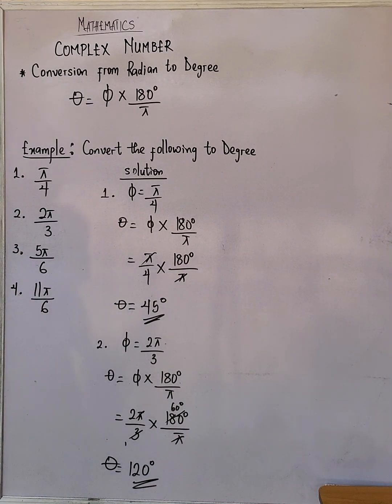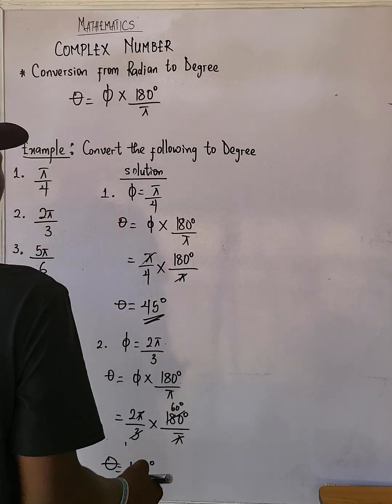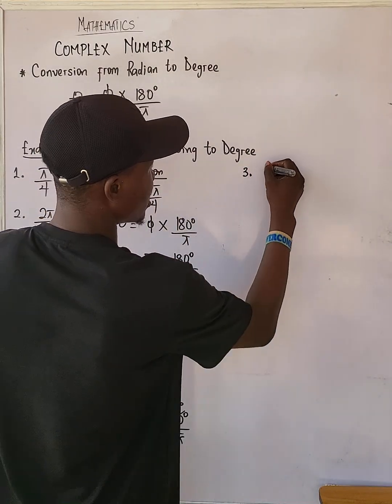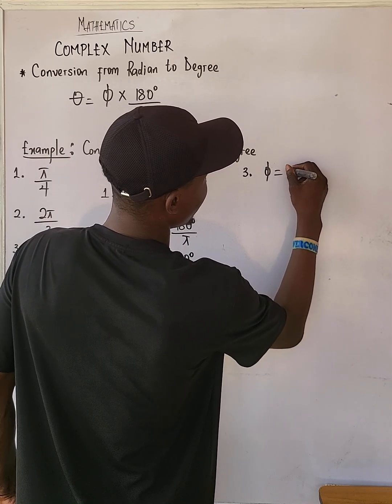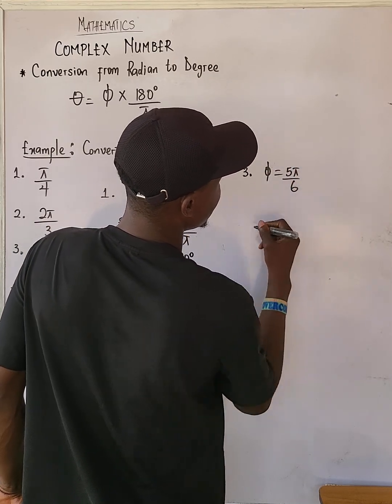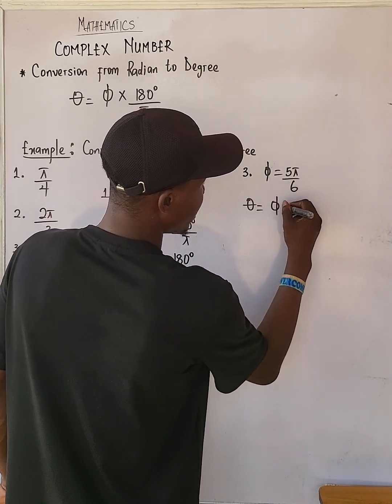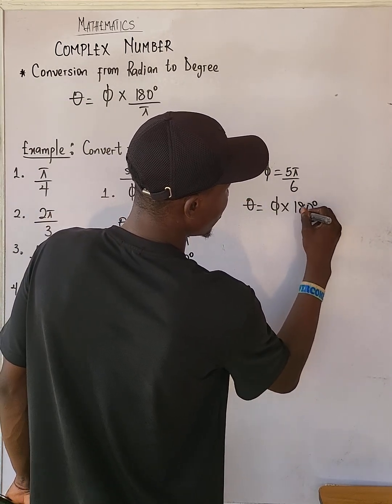So we can go on to question 3. Question 3 says 5 pi over 6. So we're given our radian as 5 pi over 6. So what is the formula to get your degree? That will be radian multiplied by 180 degree over pi.